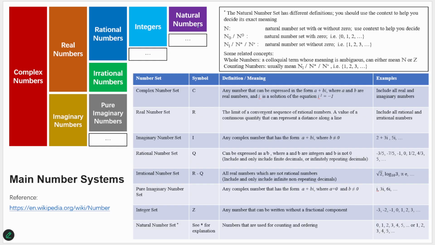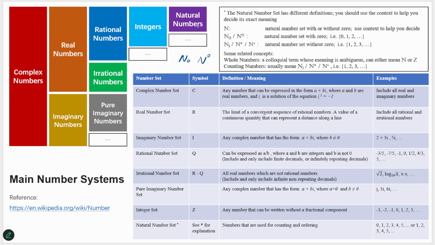Okay, so you could stick to your definition taught in school. But to be clear, usually if you believe that it starts with 0, we'll use this notation N0 or N subscript 0 to specifically point out that the natural number set you are using starts with 0, okay?